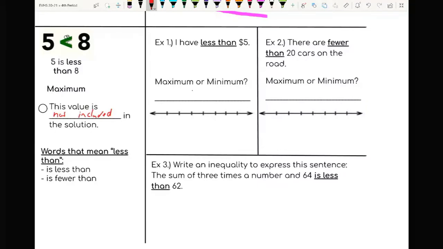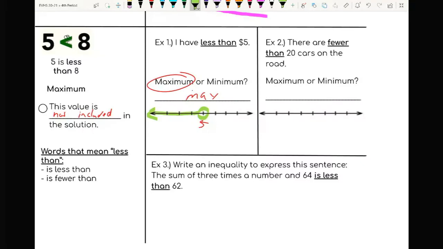Well, is $5 a maximum or a minimum for the amount of money you can have? That's a maximum because the amount of money you have has got to be smaller than it. Okay, so that's a max. Also, we got our 5 here. If you have less than, you cannot have exactly 5. And so we're going to go that way. Open circle.